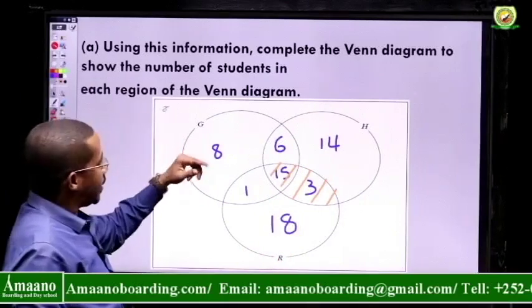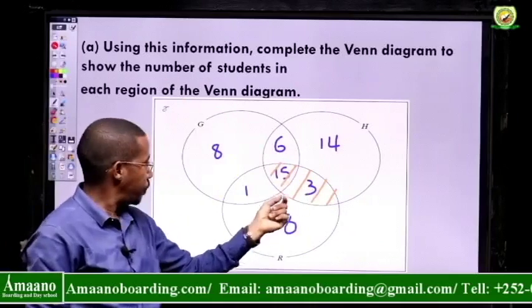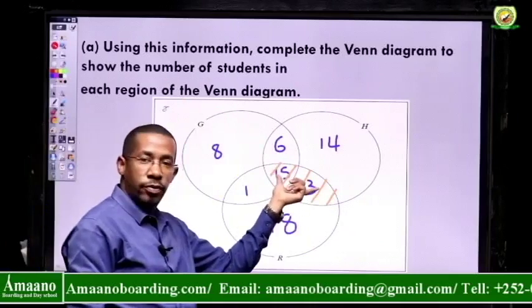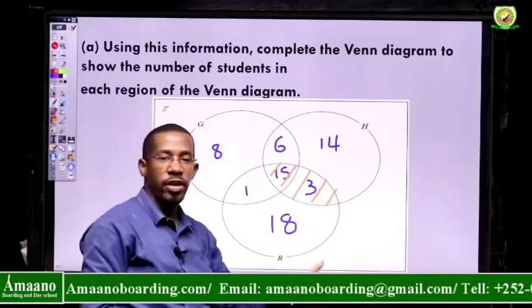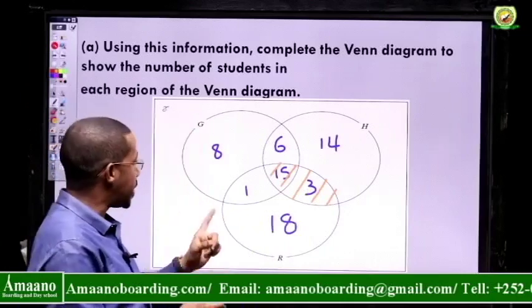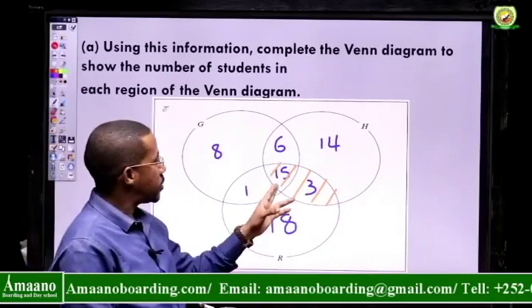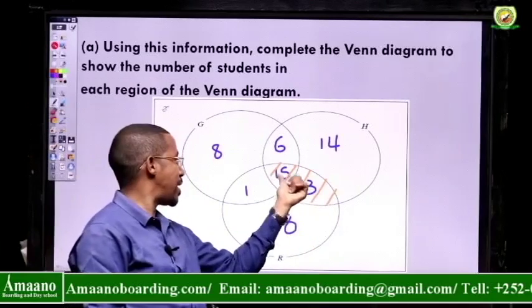So it then says, find the probability that this student does not study geography. So in this section, we have these 15 and these 3 students. Only these 3 do not study geography. So the probability that a student is not doing geography will be 3 divided by the total, which is 18.